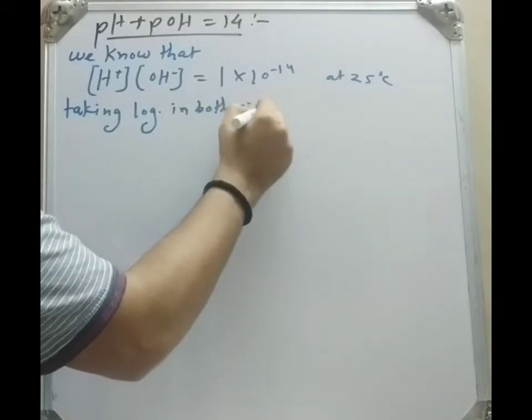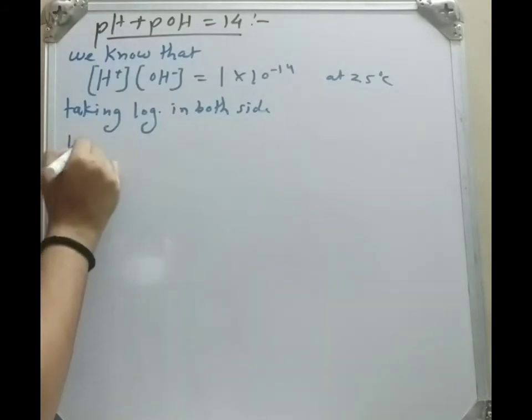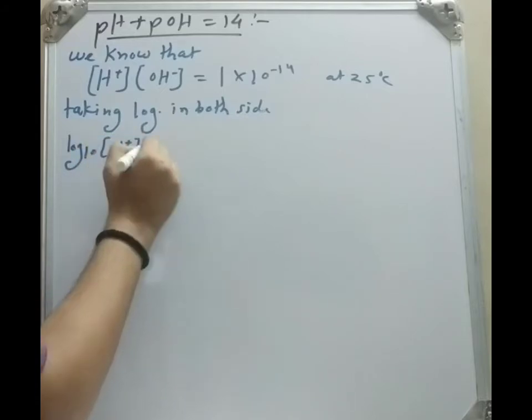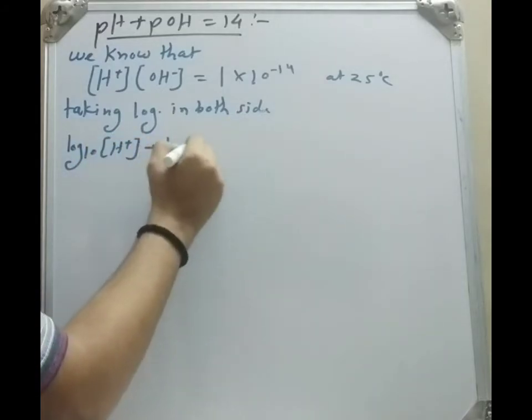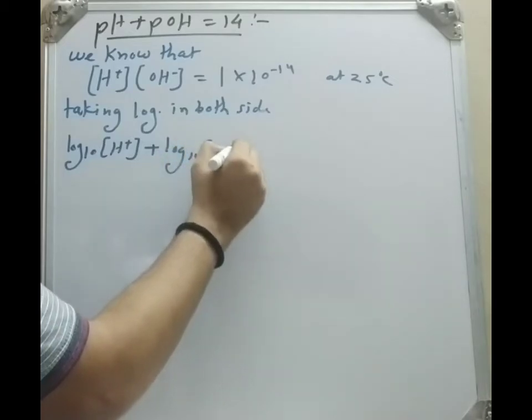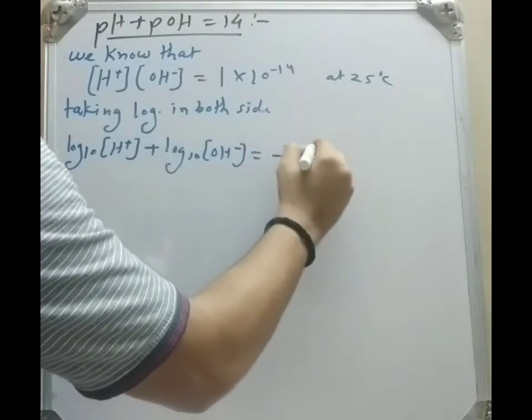This is important. Now taking log on both sides. So we write log to the base 10 H plus concentration plus log to the base 10 OH minus concentration equal to minus 14 log to the base 10 10.